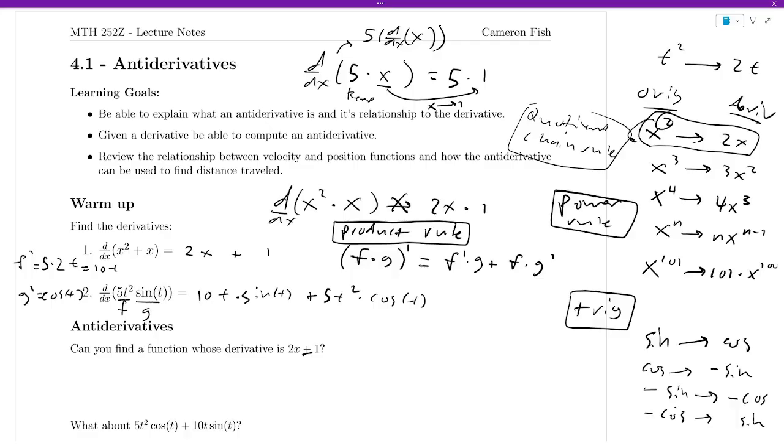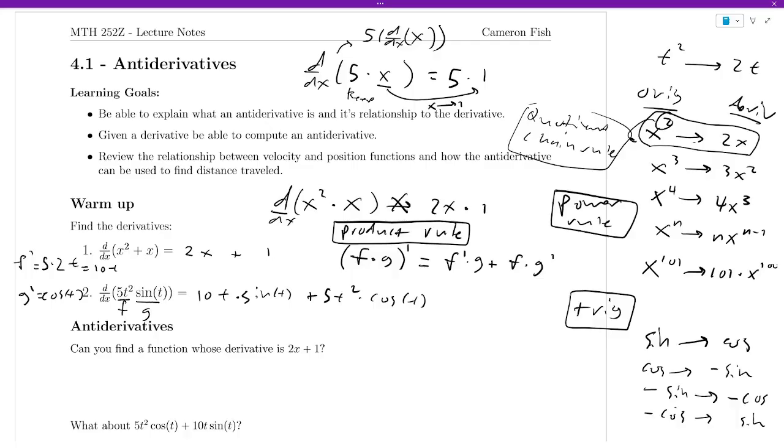Remember, because of the plus, the derivative goes through the plus. I do the derivative of each part. So I just have to separately think of something whose derivative goes to 1. And we kind of saw earlier that x goes to 1. Here, the derivative of x goes to 1.